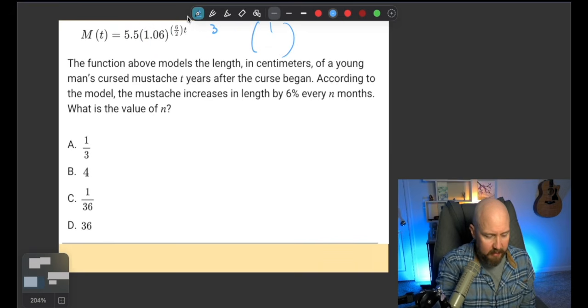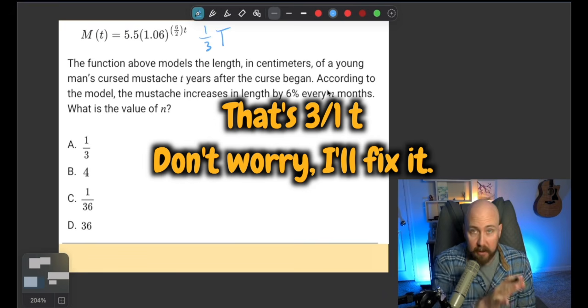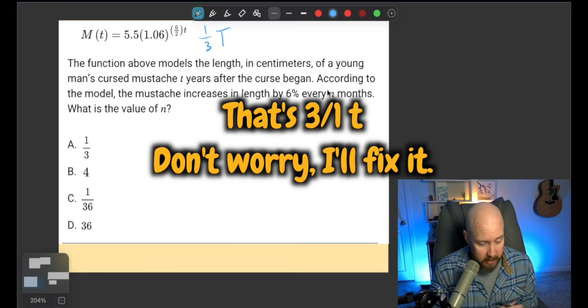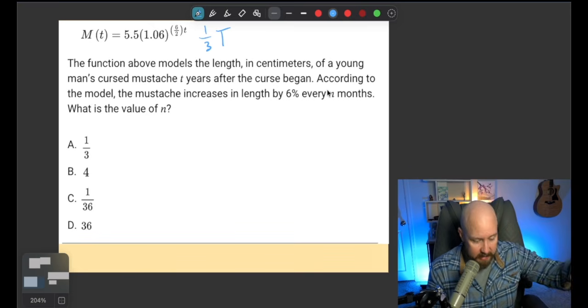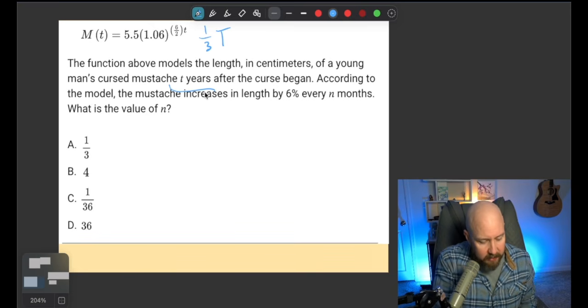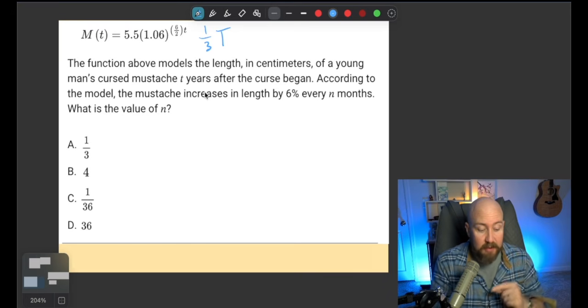So it's telling us that we have 6 over 2 or 1 over 3t. I'll just rewrite that again so we don't forget. And it says that we're talking about someone's cursed mustache, and it looks like the length of the mustache is increasing by 6% t years after the curse begins. So basically this 6% increase happens every, sorry, that was supposed to be 3 over 1, not 1 over 3.